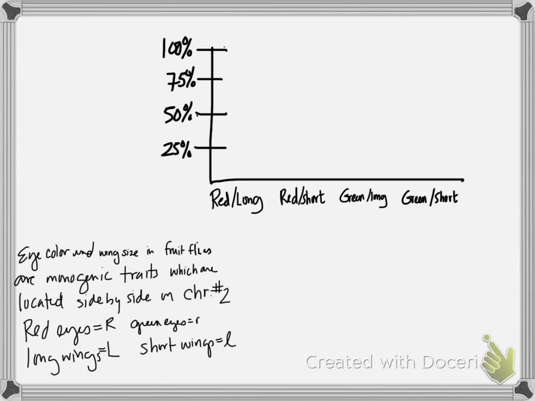Would we see the dominant traits running together more often or less often? More often. So if we take the red long, we could go up to 75% easily. Because we know that it's going to be a significant portion of these that are dominant-dominant.